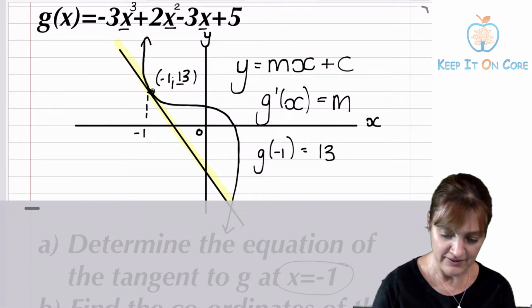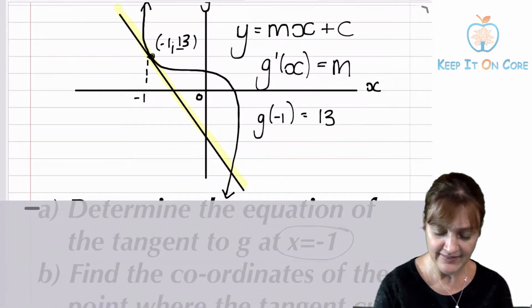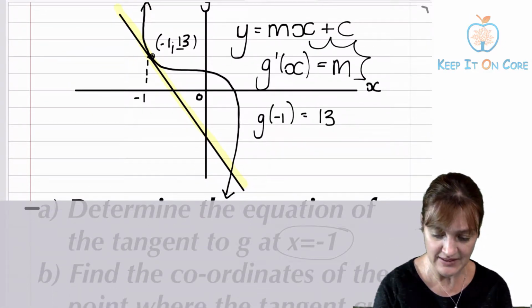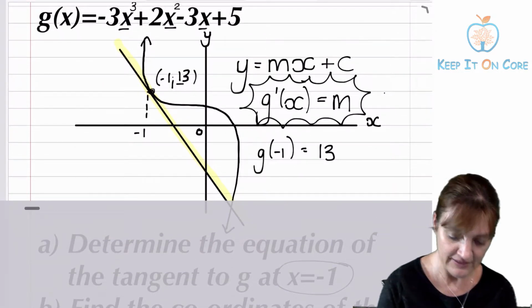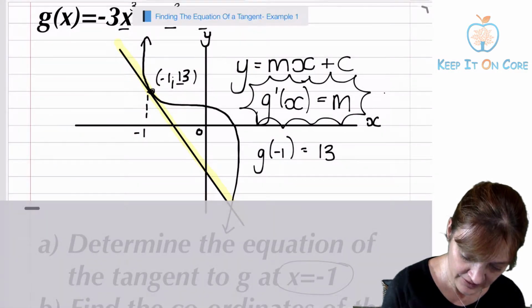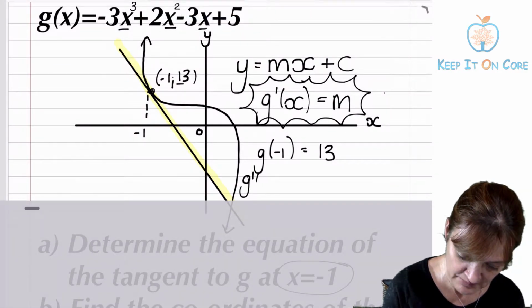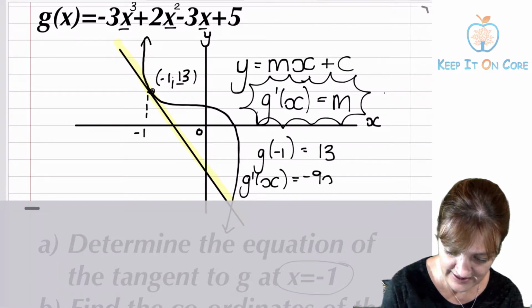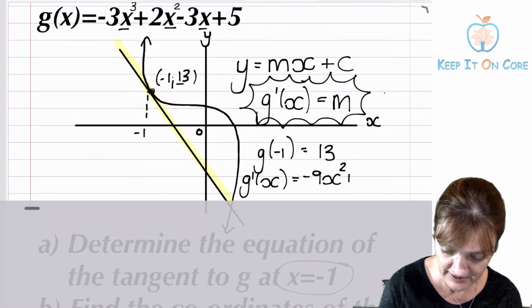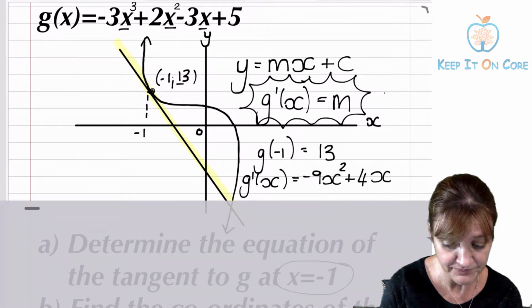How's that going to help me now? We've got the point of contact. We need to work with this: the derivative equals the gradient of your tangent. What's the derivative of this g of x function here? The derivative would be as follows: g prime of x is equal to negative 9x squared plus 4x minus 3.